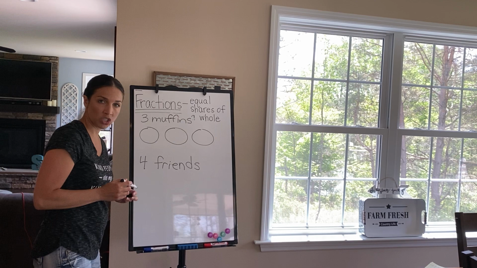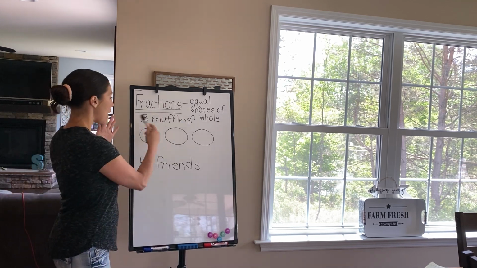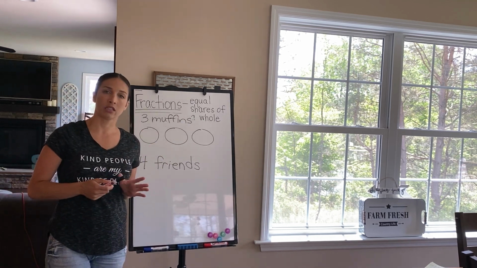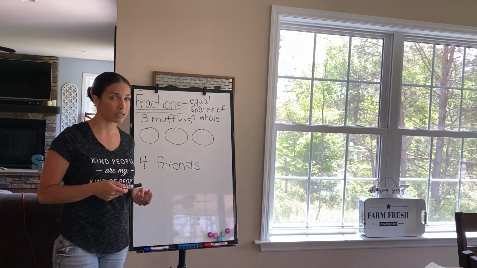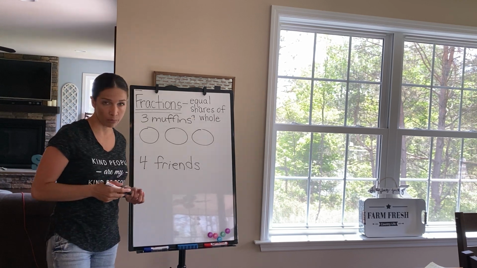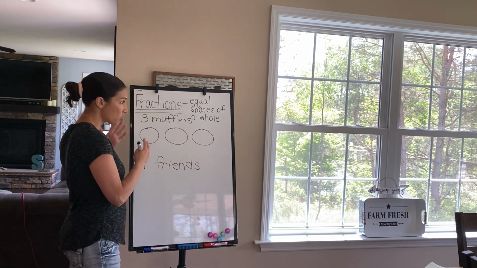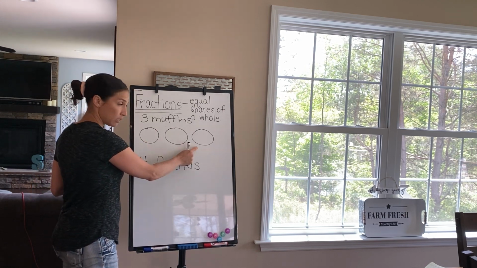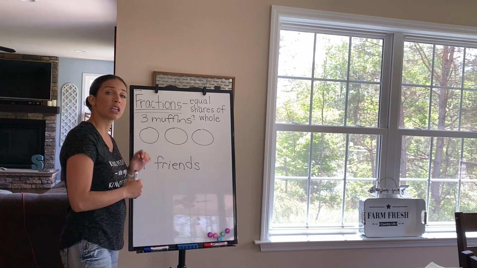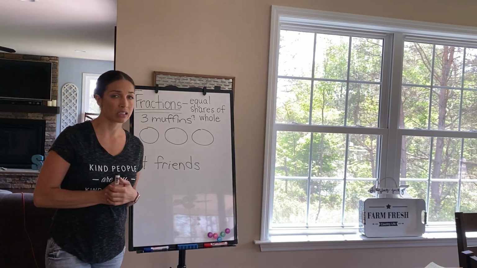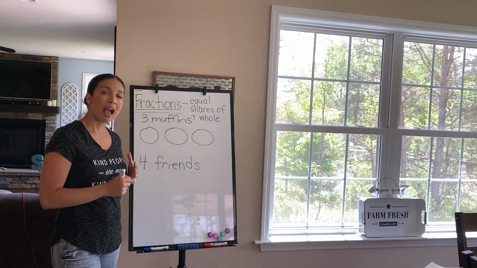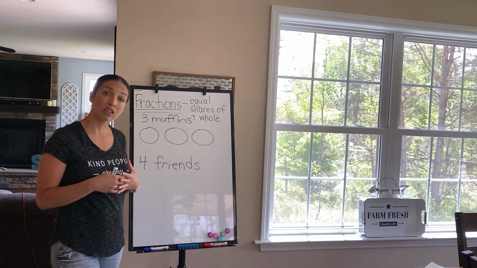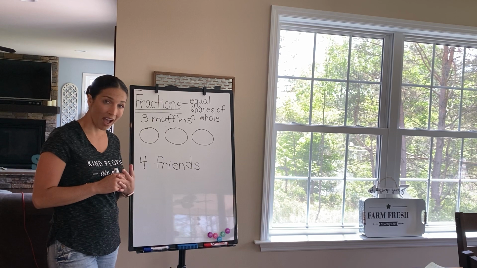So your first question is, how can you share these 3 muffins with your 4 friends so that they each get an equal size piece? That's your first question. I'm gonna repeat that again. How can you share these 3 muffins with your 4 friends so they each get an equal size piece? The second question is, once you figure out how to do that, how much did they each get? What's the fractional part that they each got?